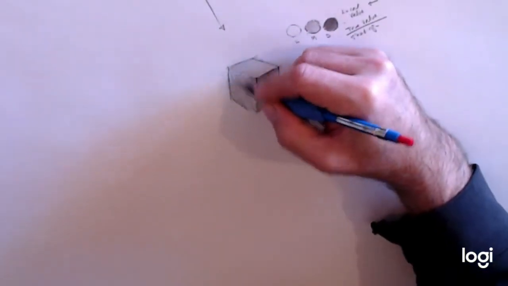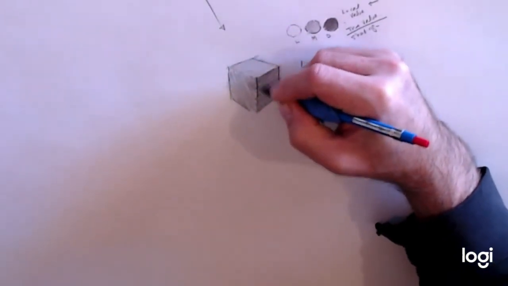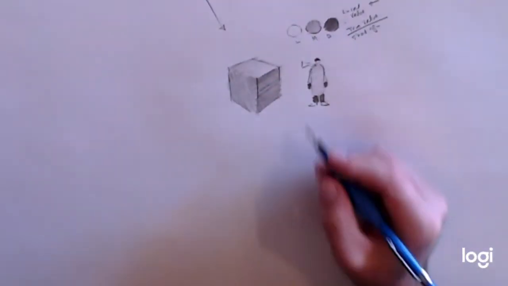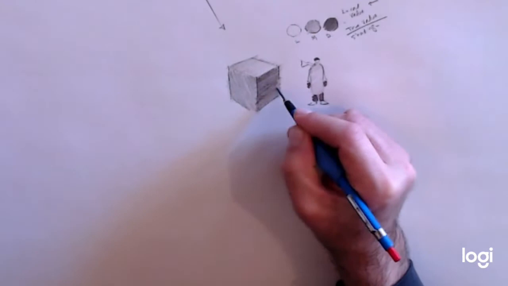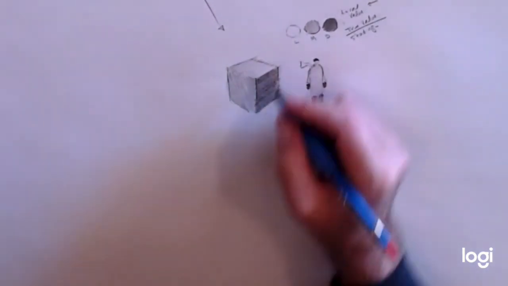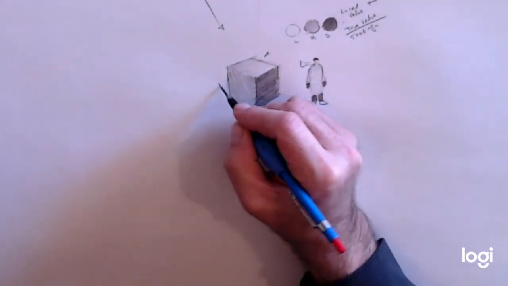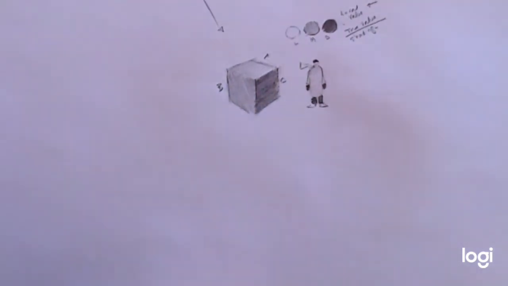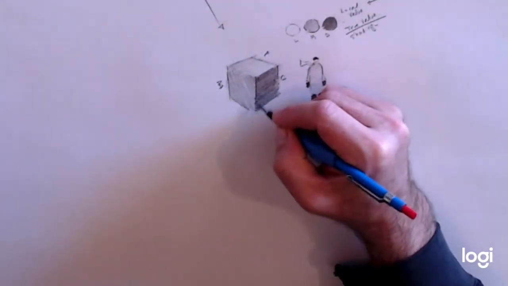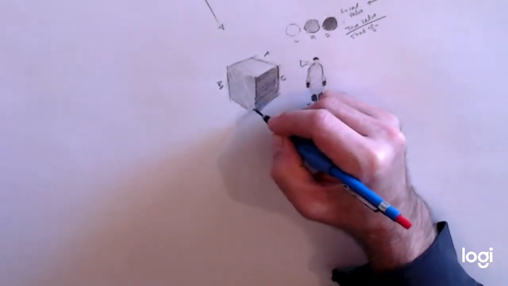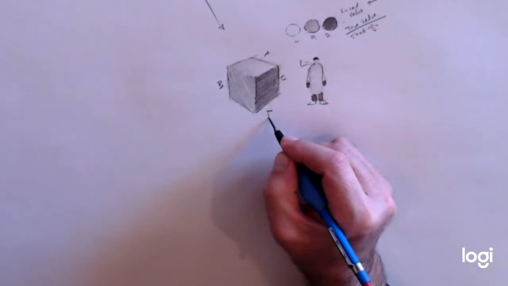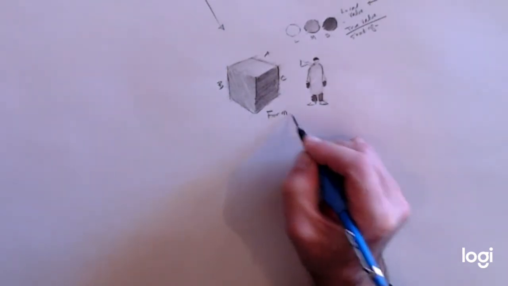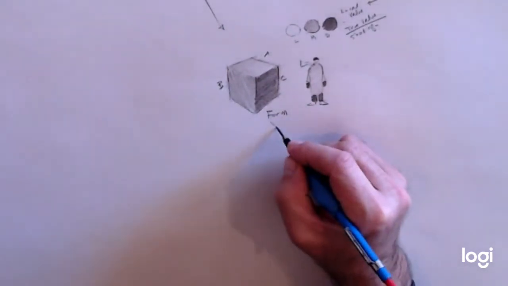See how assigning three separate values, we'll call this value A, value B, and value C, right? So we've assigned three values, and the result of assigning these three values is a sense of form or volume.